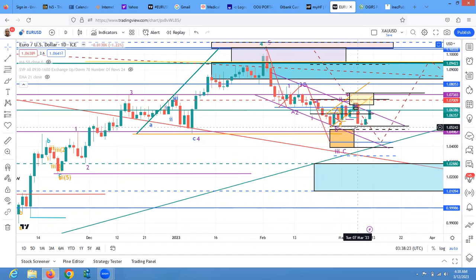The last wave probably had stalled here, and we may be going up to do a B of blue.